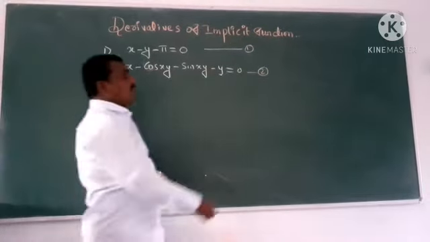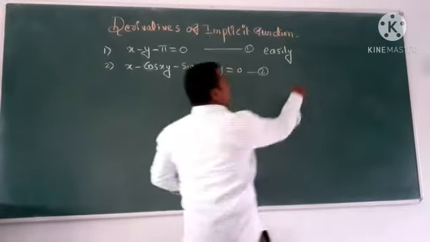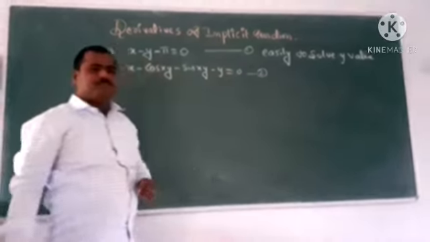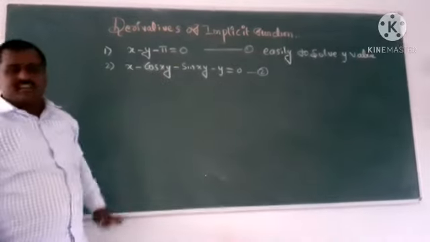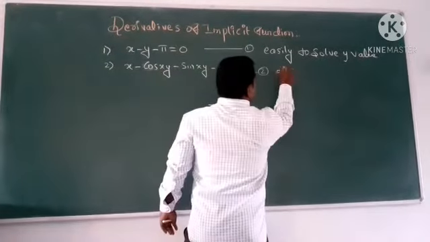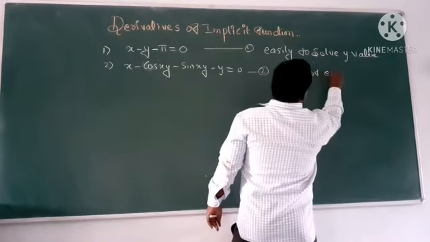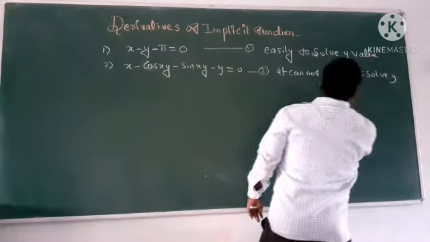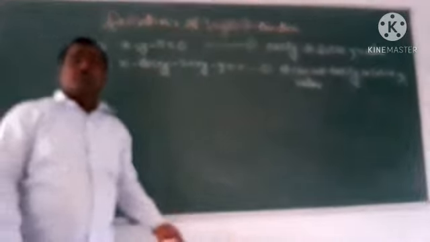The first equation is very easy to solve for y. The second one cannot be solved easily. Why do they write these two statements? What is the purpose? How are you going to think about it?